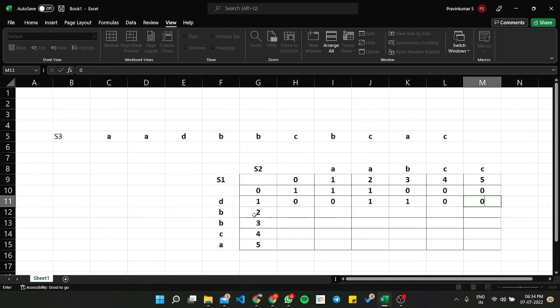I have two options: I can fill with the S1 character or the S2 character. If it satisfies the condition, for example, if there is a 2b, this is also b, this is also b, maybe 3 plus 2, 5, the fifth character is also b, so maybe I can check both conditions. If it is matched with this case and this case, without this character, whether it solves this problem.